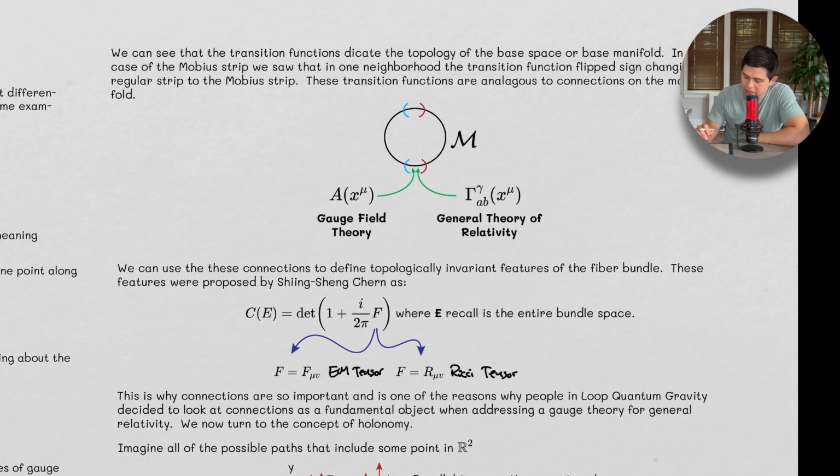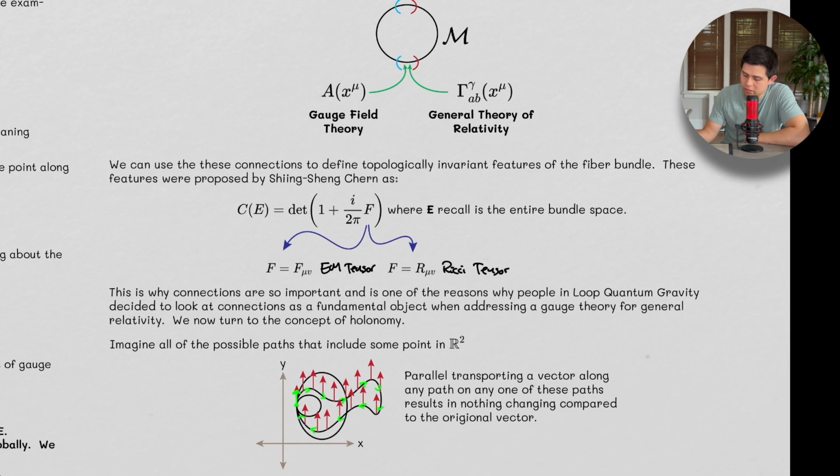We can use these connections to define topologically invariant features as well on the fiber bundle. These features were proposed by Shiing-Shen Chern, I think that's how you pronounce his name, as this thing, right? So we're not going to derive this. This isn't super important for right now. I'm just, again, wetting our feet with these concepts. This is an invariant feature.